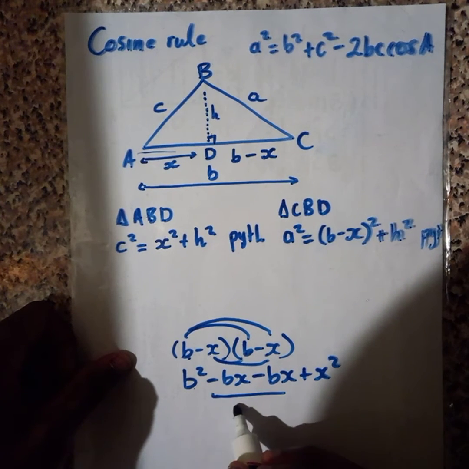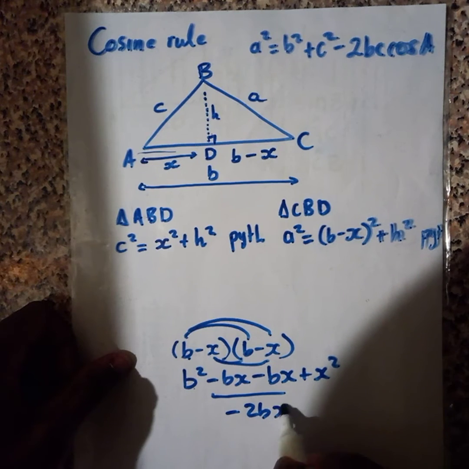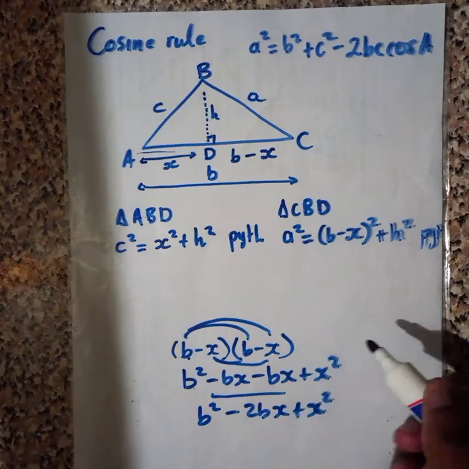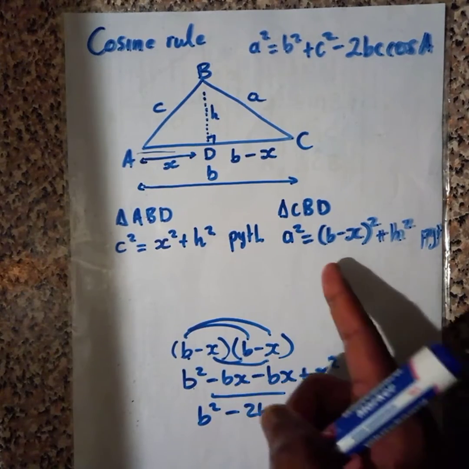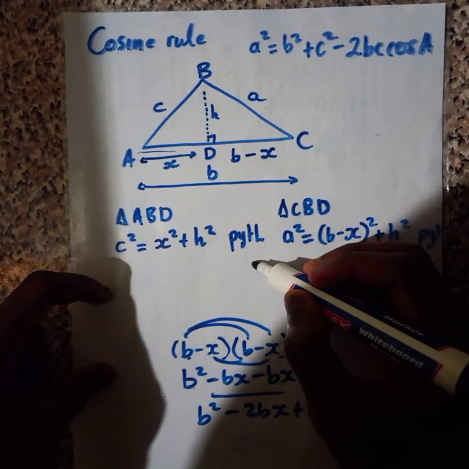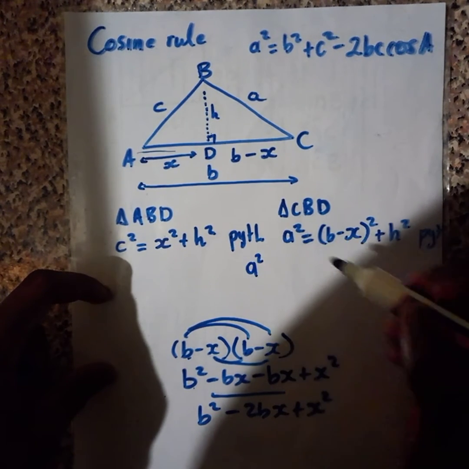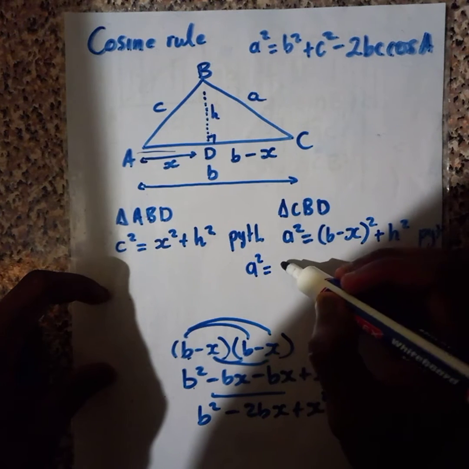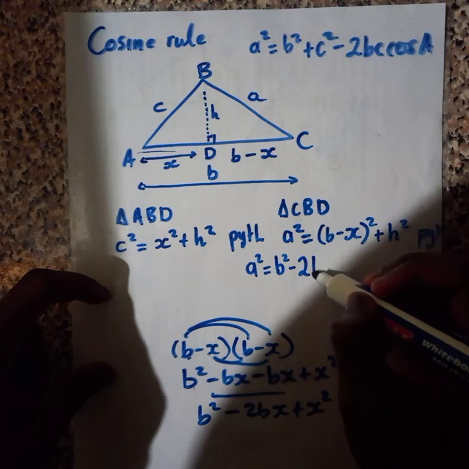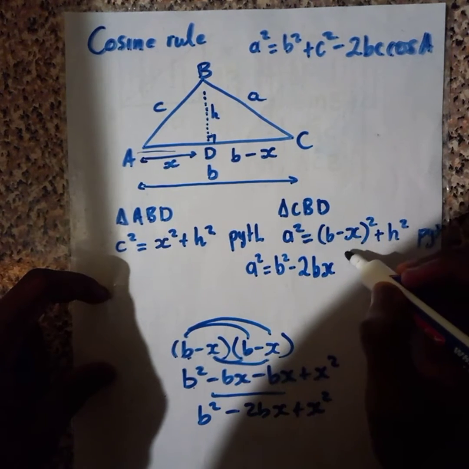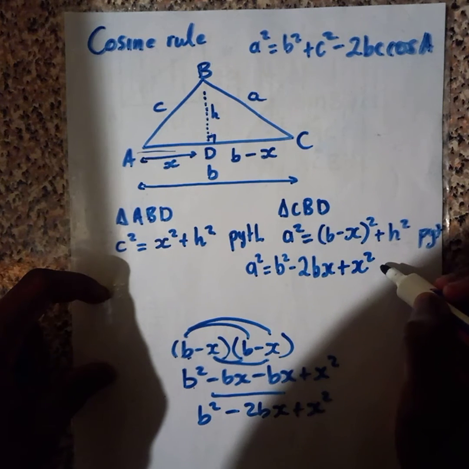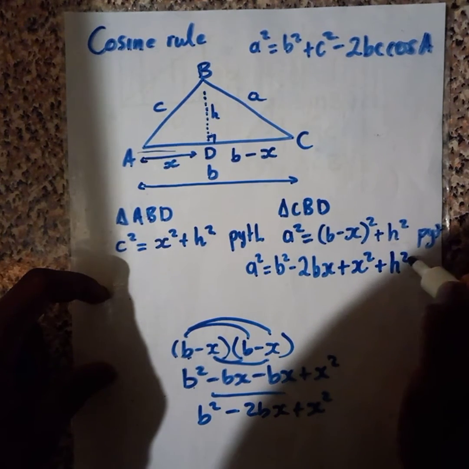Then we add these two terms, we get minus 2bx plus x squared with b squared. Then a squared is equal to b squared minus 2bx plus x squared together with h squared.